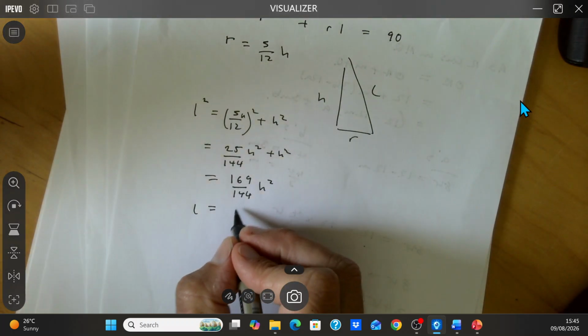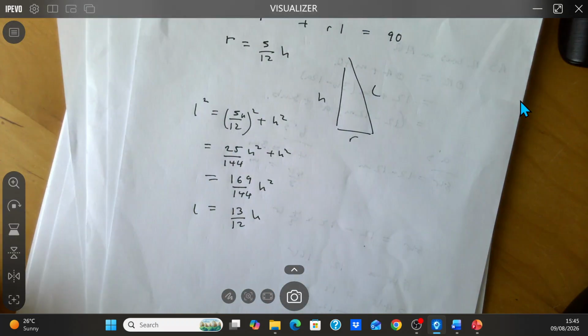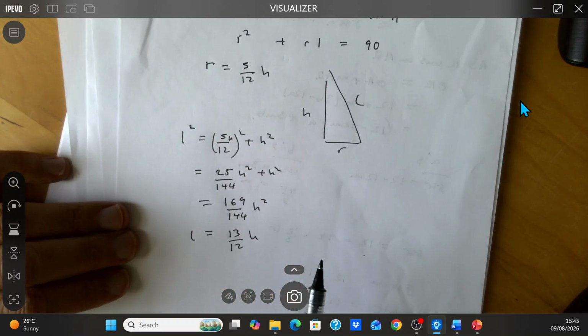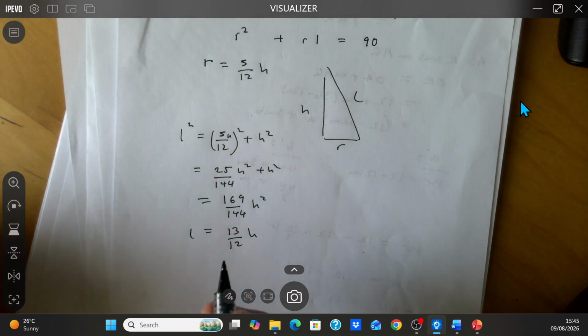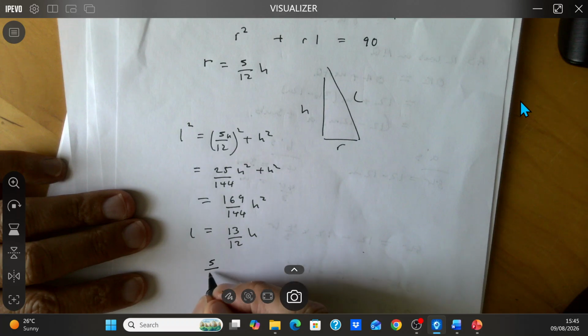So L must equal 13/12 h. So I've now got that. I can now put that back into what? Correct, the formula. So I have r squared in h's.